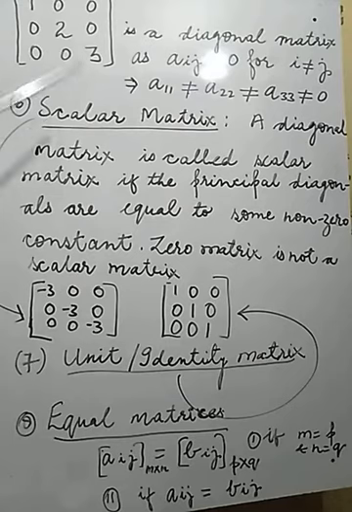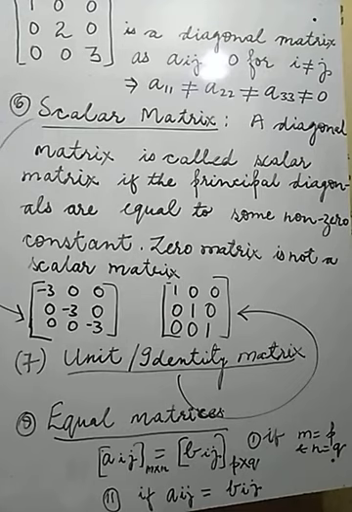This is the difference between a diagonal matrix and a scalar matrix. See, the diagonal elements are varying: here 1, here 2, here 3. So this one is an example of a diagonal matrix. 1 is not equal to 2 and 2 is not equal to 3.